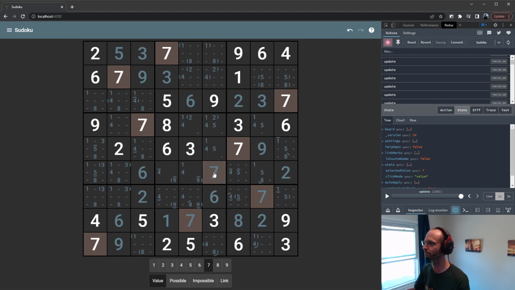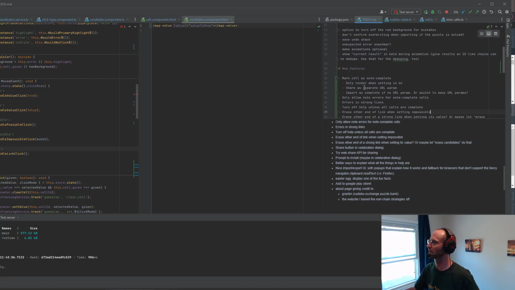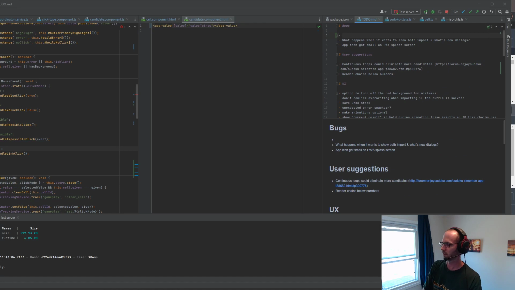Okay. That's interesting. I don't think I've ever noticed. I never play with highlighting on, so I've never seen that before. I feel like that should be a bug. Bugs. Highlighting flashes during auto apply animations. Okay.